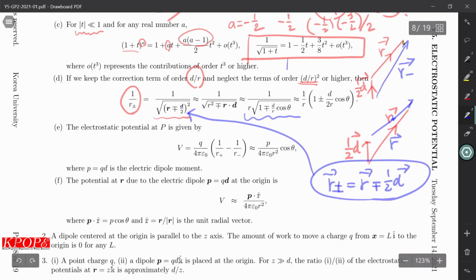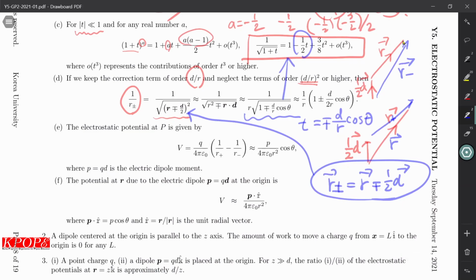And substitute in here, keeping t equals minus plus the d over r cosine theta. So this guy is plus minus d over 1 over 2 to r cosine theta.